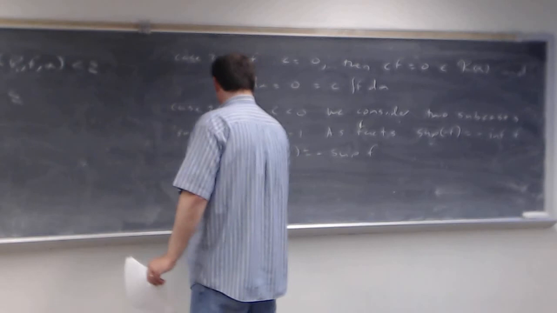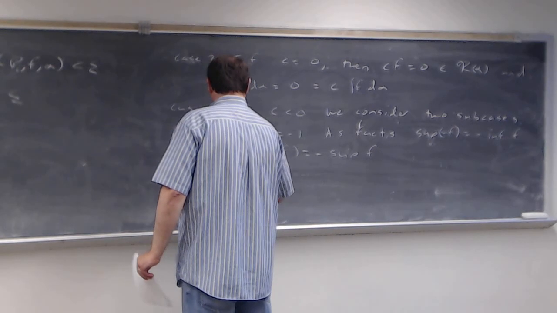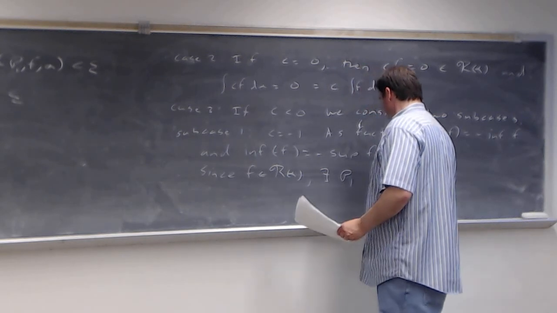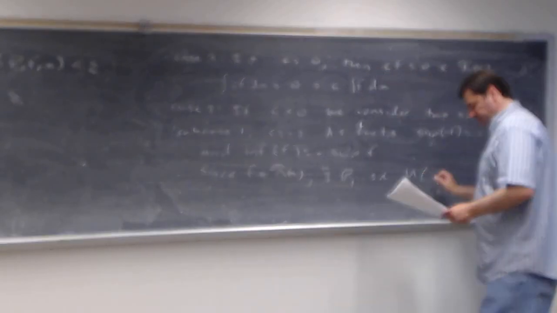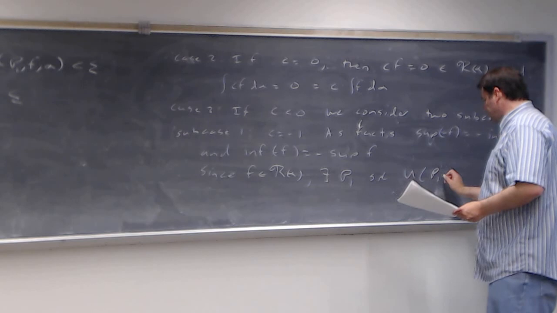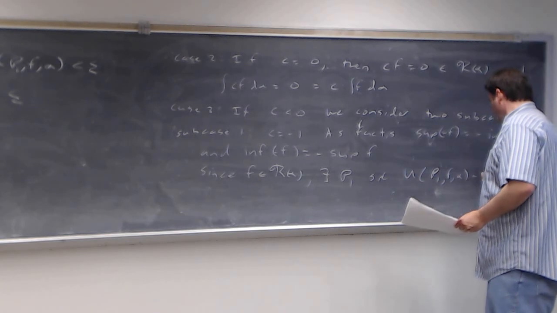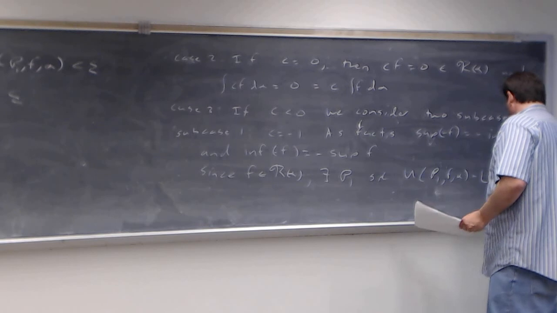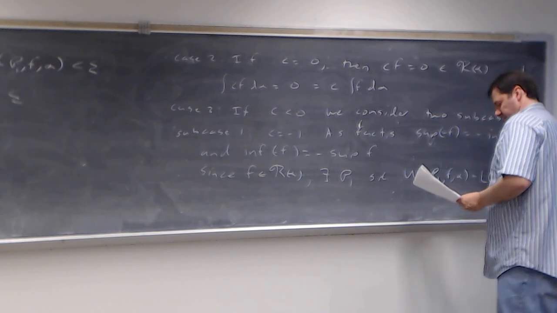Now, since f is a Riemann-Stieltjes integrable function, there exists a partition, we call it P sub 1 again, such that the upper sum of P sub 1 of f and α minus the lower sum of P sub 1 of f and α is less than epsilon.